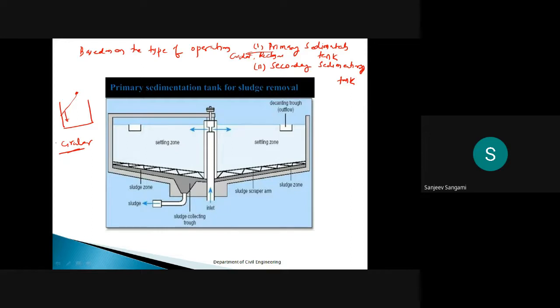Sometimes it hits here, loses energy, comes again, loses energy, and again comes and loses energy.